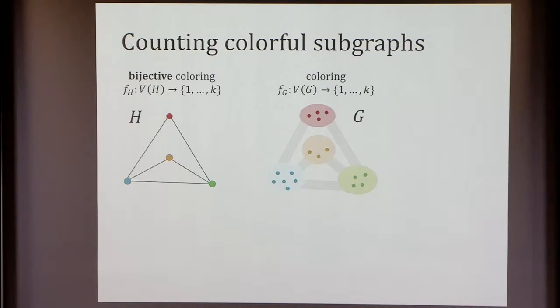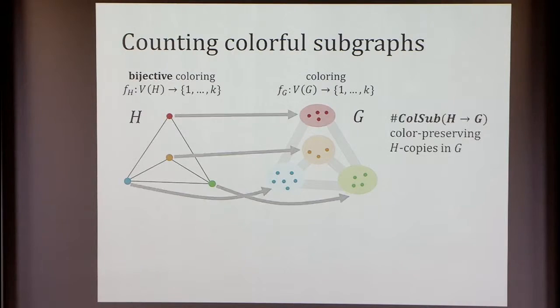We have a pattern H and a host graph G, but now both of these graphs have colorings on them, so the vertices are colored with k colors. And the graph H has additionally this restriction that its coloring must be bijective. So the graph is colorful. And colorings in this setting are not necessarily proper.